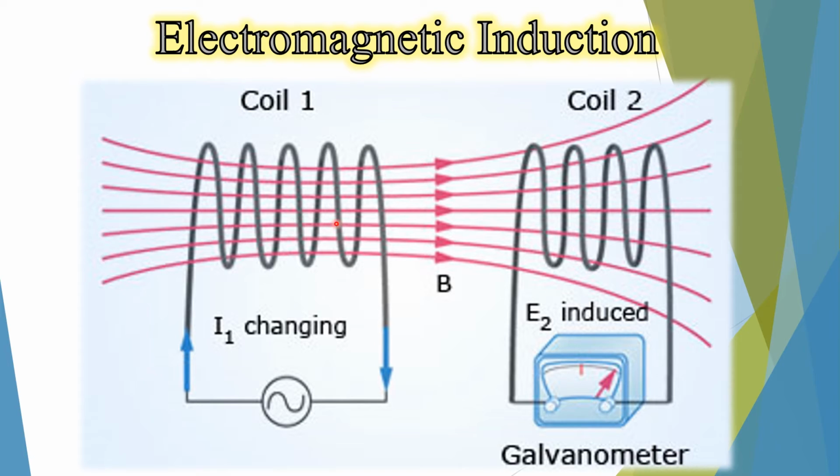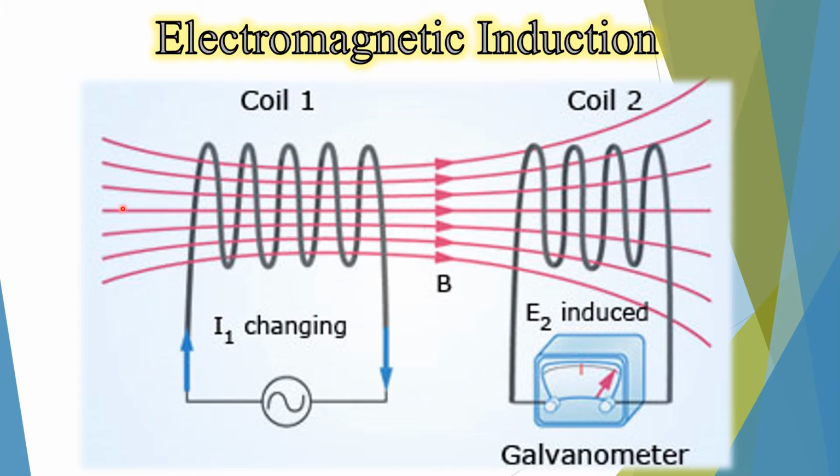Due to this magnetic field, we can have a magnetic field through coil 2 too, because coil 2 is placed near to coil 1. Due to the movement of coil 1, the magnetic flux through coil 2 can be changed.